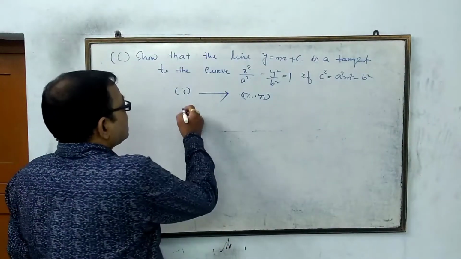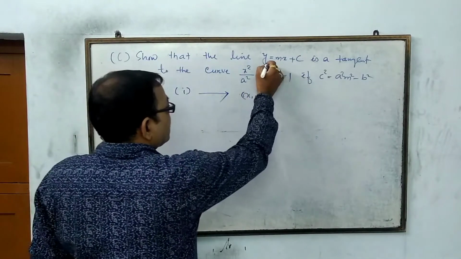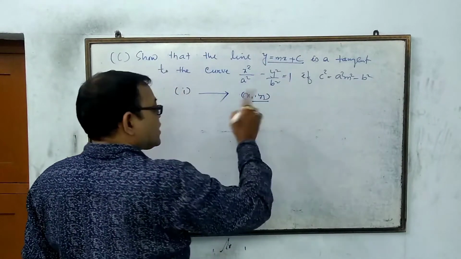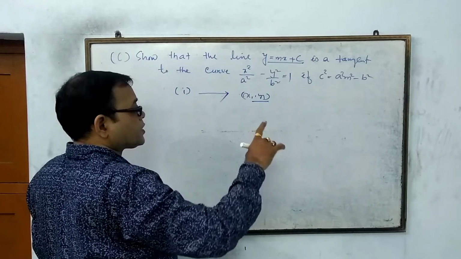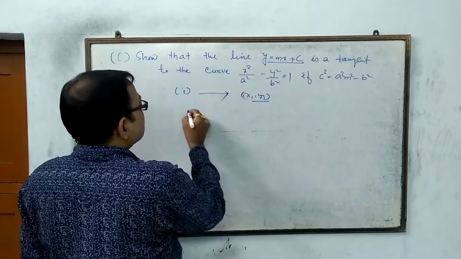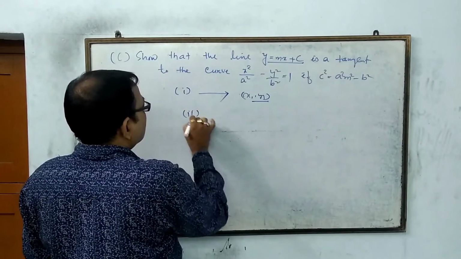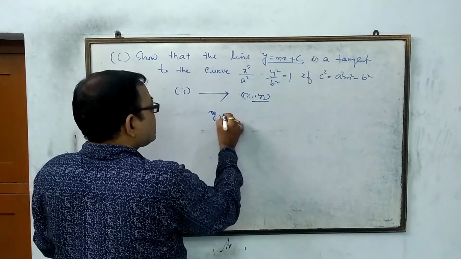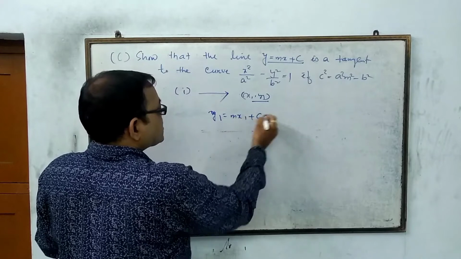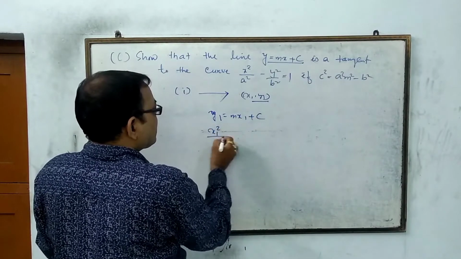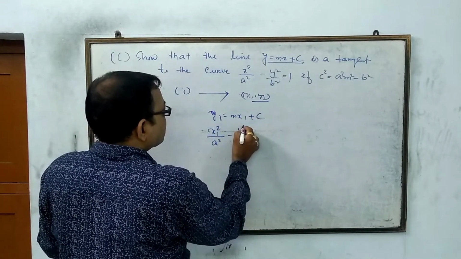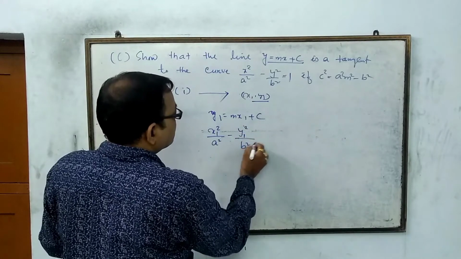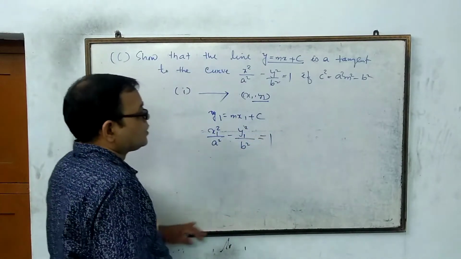Next, substitute the value of x1 and y1 in the tangent equation as well as in the curve equation. So that will be equation y1 equal to mx1 plus c and x1 square by a square minus y1 square by b square equal to 1. Step 2.